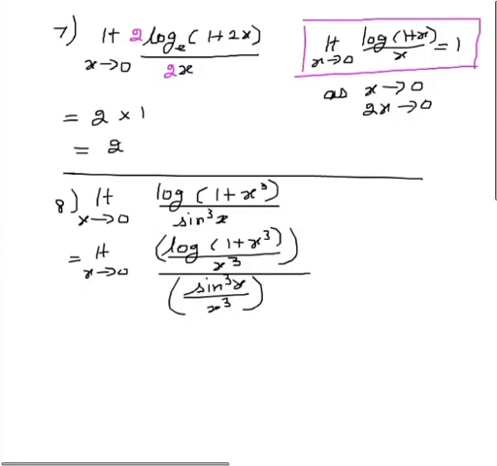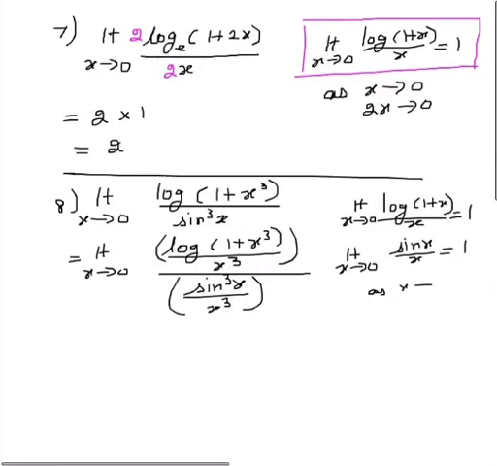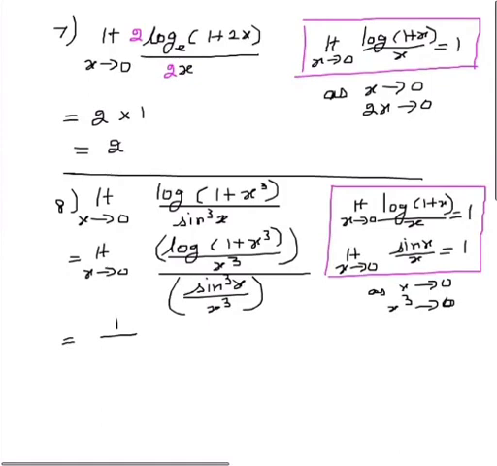Now we will use the formulae, limit x tending to 0 of log of 1 plus x divided by x is 1, and limit x tending to 0 of sin x divided by x is also 1, and as x tends to 0, x cube also tends to 0. Let us apply the limit for the numerator. It becomes 1, and denominator it becomes 1 cube. Therefore the answer is 1.